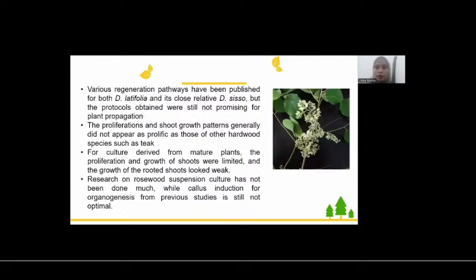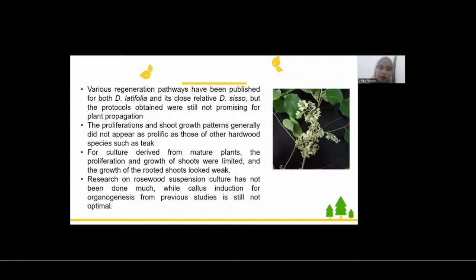Way have been published, Dalbergia latifolia and Dalbergia sissoo, but the protocols obtained were still not promising for plant propagation. The proliferation and shoot growth pattern generally did not appear as prolific as those of other hardwood species such as teak.